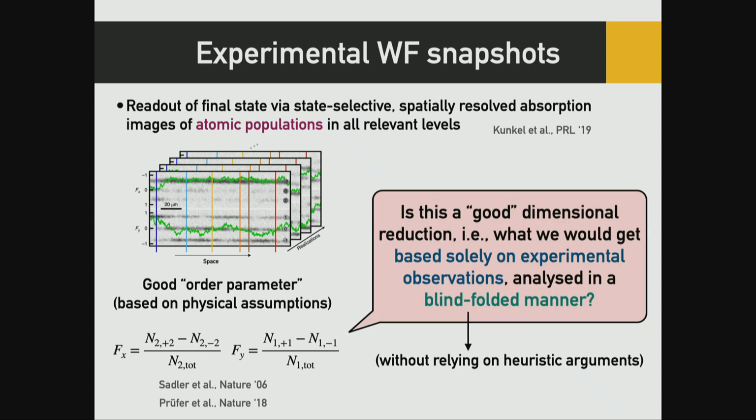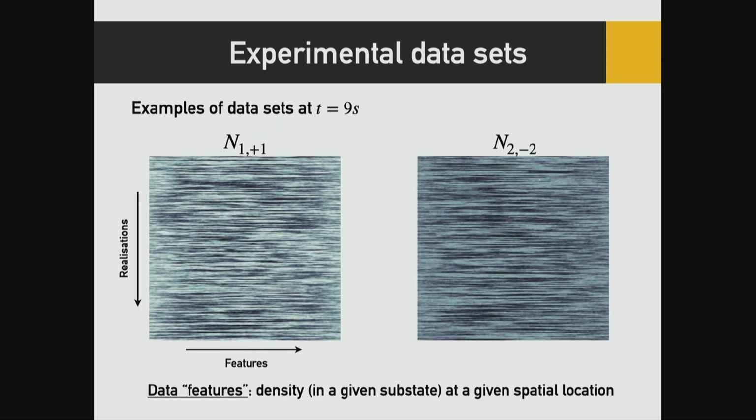So the first question that we ask here is whether such a dimensional reduction is a good one in the sense that I explained at the beginning, namely whether we would obtain a compatible description if we analyze this kind of data in a blindfolded manner, if you like, without relying on any heuristic argument.